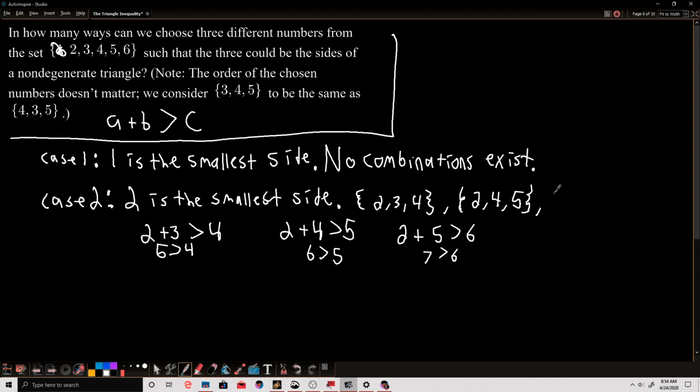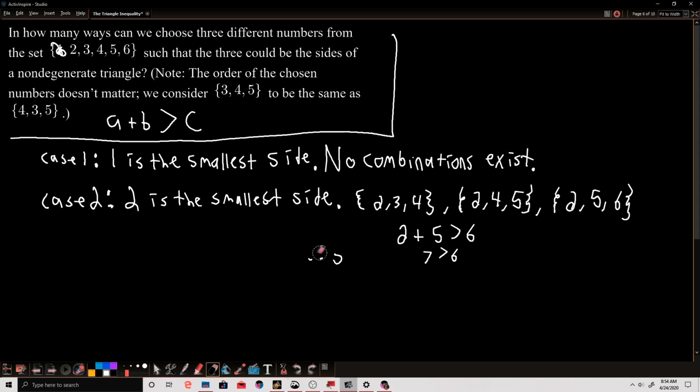So lastly, we have 2, 5, and 6. Those are all the combinations where 2 is the small side. So, in total now, we have 3 combinations of sides that would work. We could have a triangle with sides 2, 3, and 4, 2, 4, and 5, 2, 5, and 6.